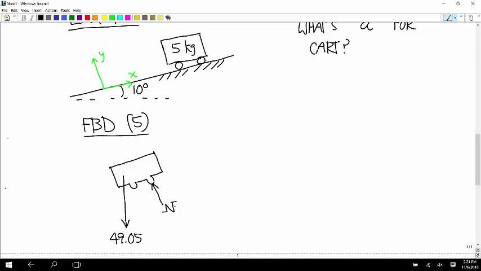Now, in this rotated coordinate system, we're going to have to come up with components for that 49.05 Newton force. So let's do that before I even go to Newton's second law. So here's the coordinate system, and the weight force is straight down with a magnitude of 49.05.